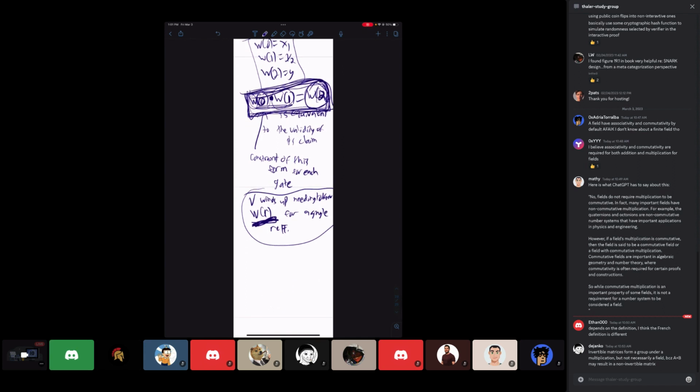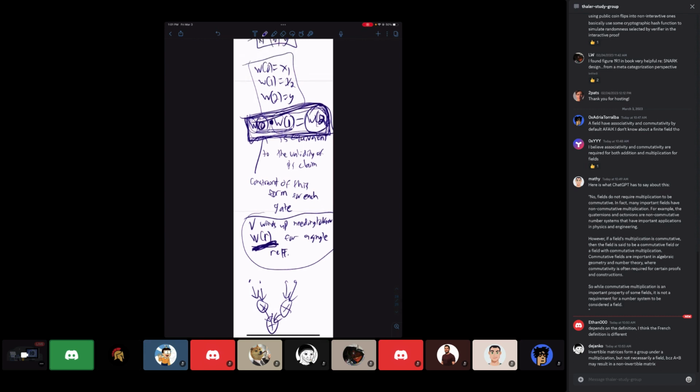But for a more complicated circuit, maybe this multiplication gate multiplies together these two inputs, and then some crazy thing. This is an addition gate. So what stuff gets multiplied or added in what constraints depends on the wiring of the circuit.